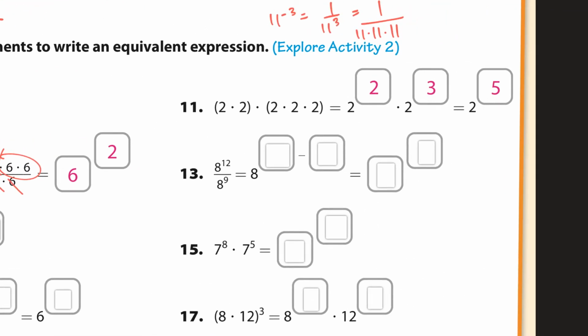So we have the 12 minus 9. That's going to be 12, and that's going to be 9. 12 minus 9 is 3, and that base is 8, 8 to the third power.